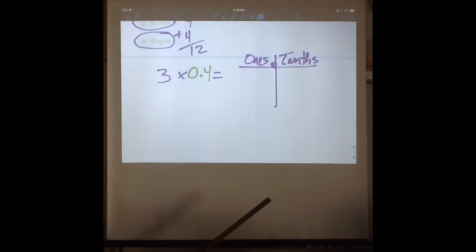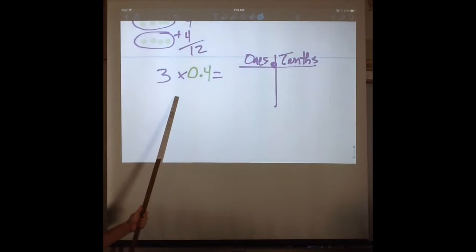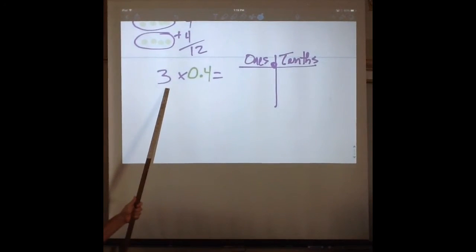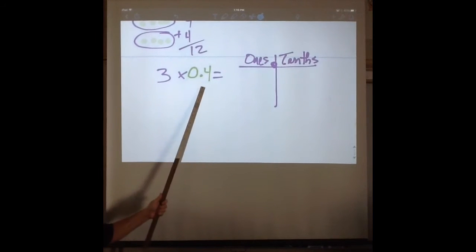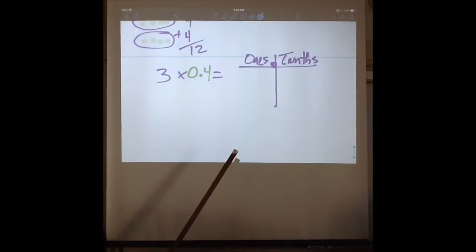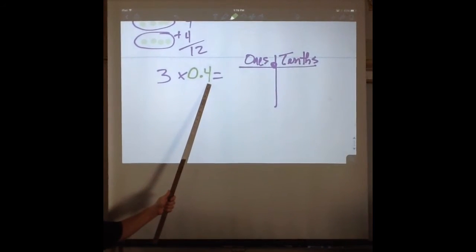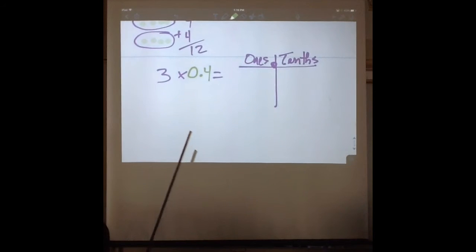Okay, well now I'm just going to change my problem slightly. What's the 3 stand for? Groups. And this number over here stands for items, right? So I'm going to put my 4 items.